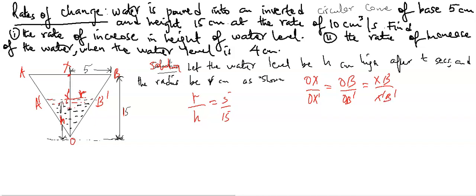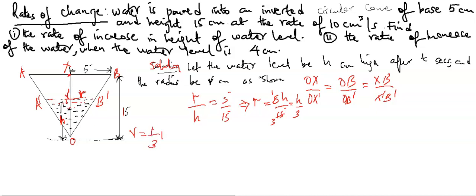So those ratios are the same, and therefore from here we can say that the small r is the same as 5h over 15, which is the same as h over 3, because you divide by 5: 1, by 5: 3.